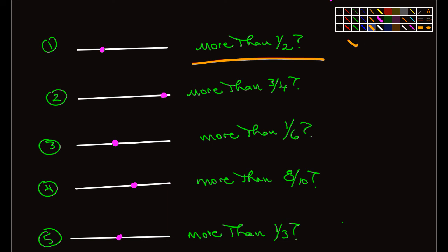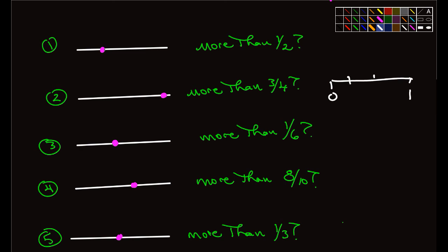And then number 2, same thing. I'm asking you, is this, I don't know, it looks pink to me, a pink dot more than 3/4? Okay, well, just think about it. Here, draw yourself a line. Here's 0. Here's 1. You want to cut it up into quarters. Okay, there's quarters. Where's 3/4? Well, here's 1/4.